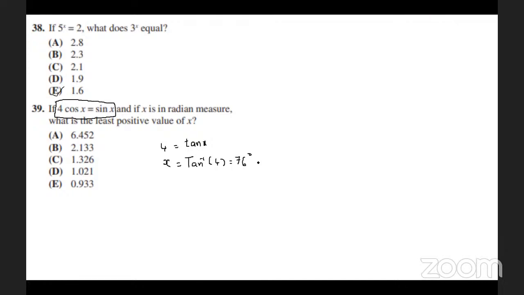76 by 180 into 3.14. Or convert directly; there is an option in calculators. I don't think I have the option in my calculator. Or you can do it like this: 76 by 180 into 3.14.